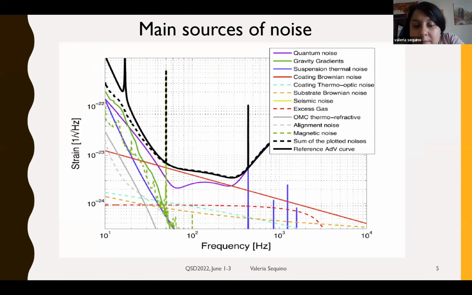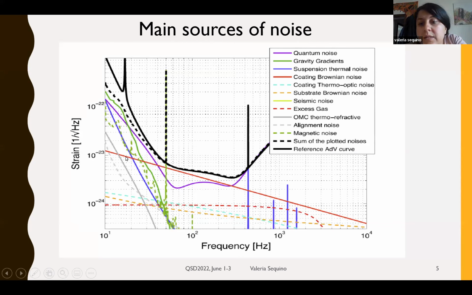The gravitational wave signal is covered by several noises that disturb the measurement in gravitational wave interferometers. I will list only the main ones. For example, in the low part of the detection bandwidth, which goes from 10 Hertz to 10 kilohertz, there is the seismic noise.